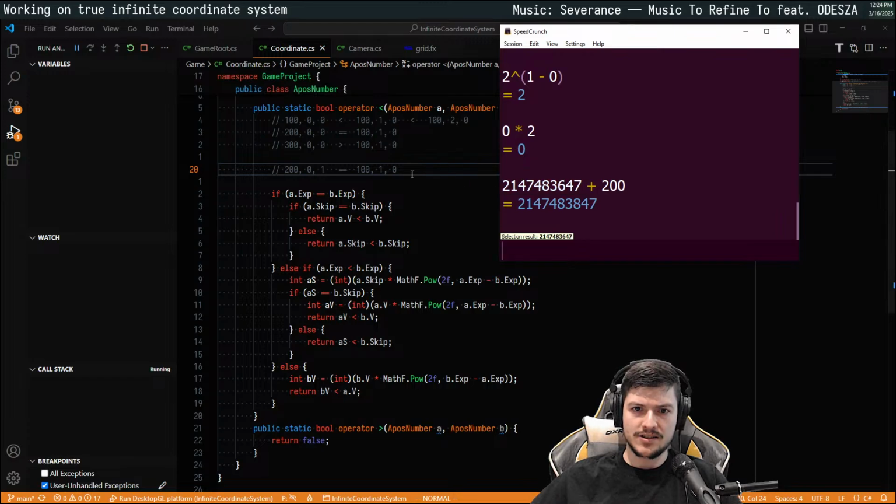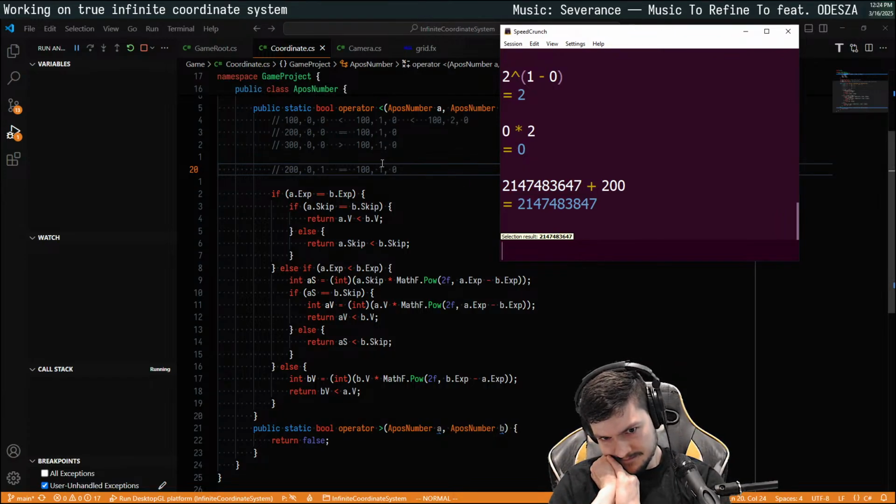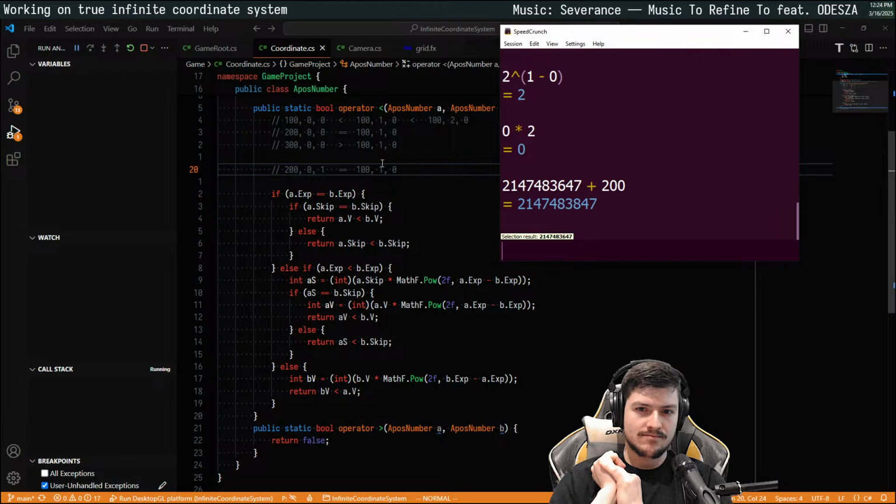If you don't resolve it, how do you know what you're working with? How do you work with this skip?